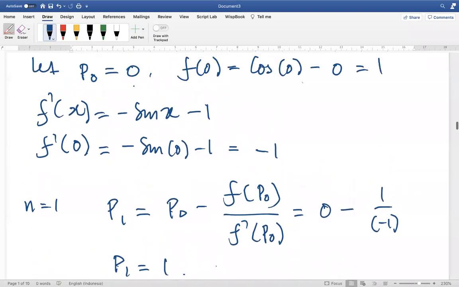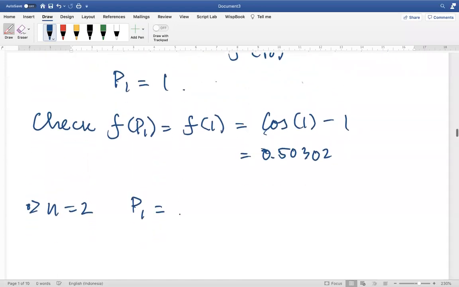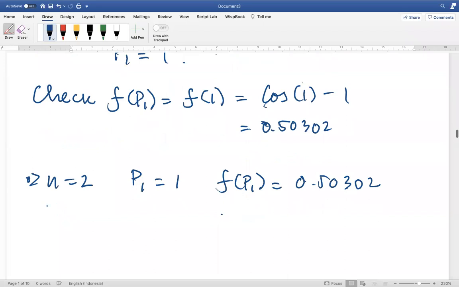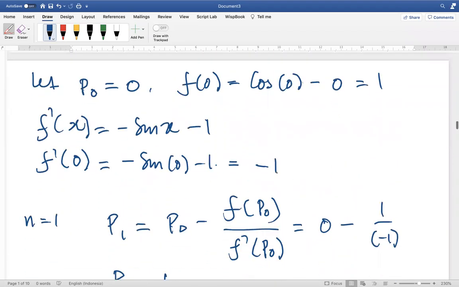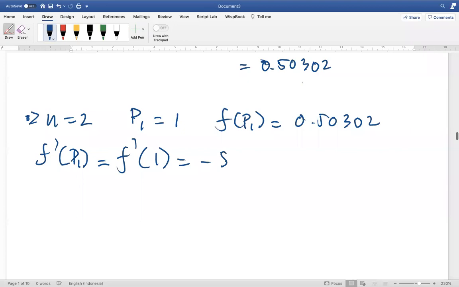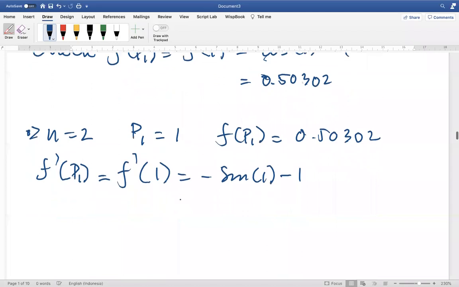Then find, you already know, yeah. p1 is 1 and f(p1) is 0.54302. f prime(p1), or f prime(1), is minus sin 1 minus 1. Okay, so what is the result?